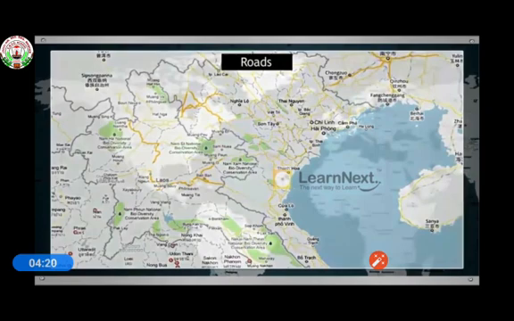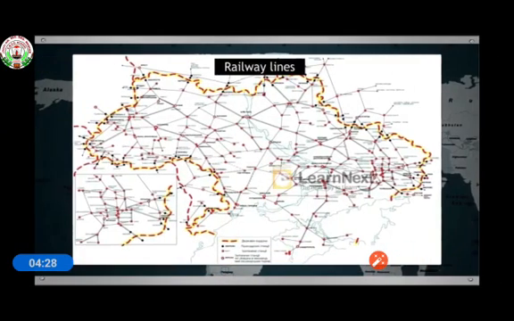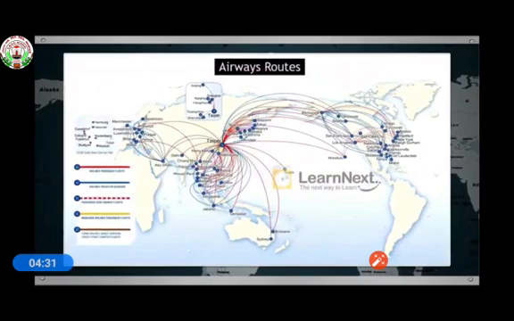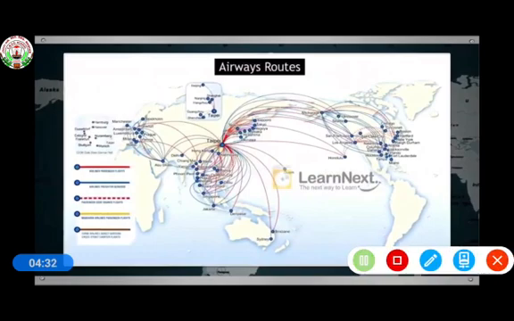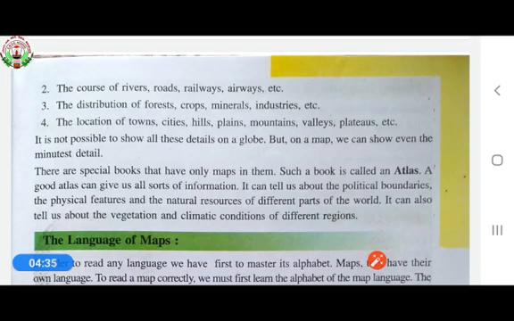Apart from political and physical features, a map can also give information about roadways, railway lines and airway routes, etc. So, we can get more information from a map and we can even carry a map anywhere just by folding the paper. That makes a map more useful than a globe.